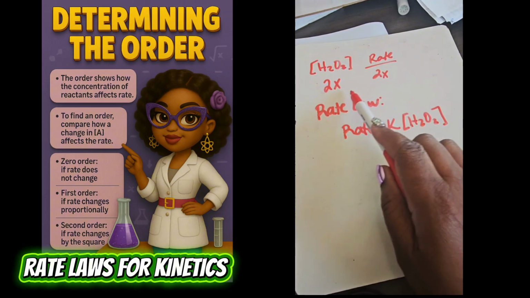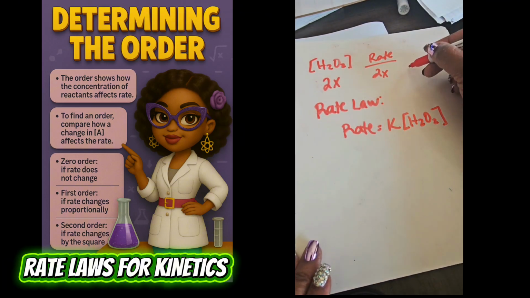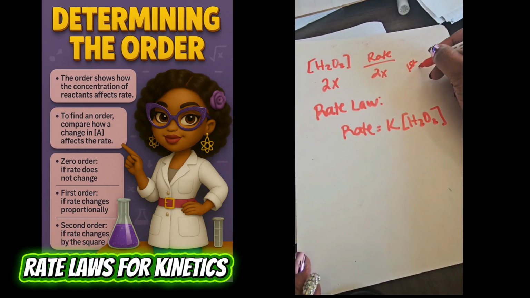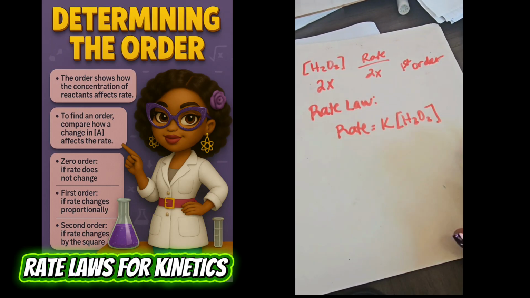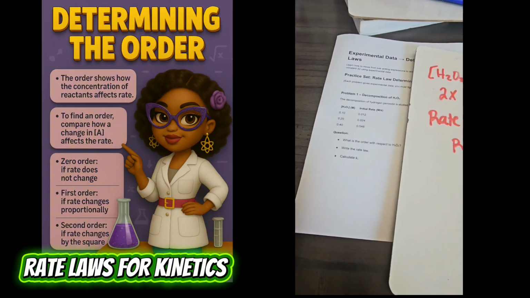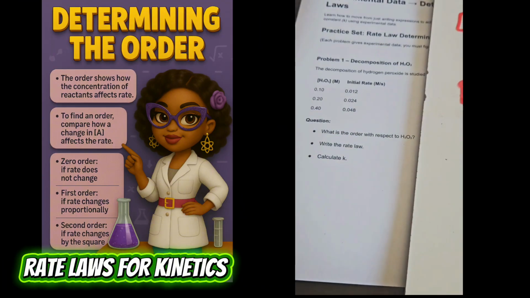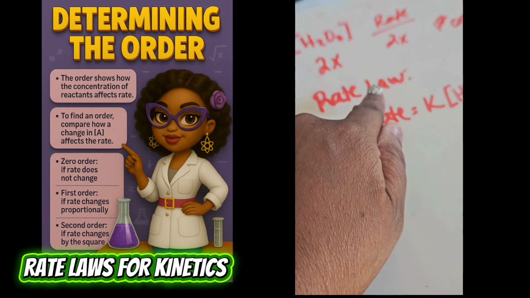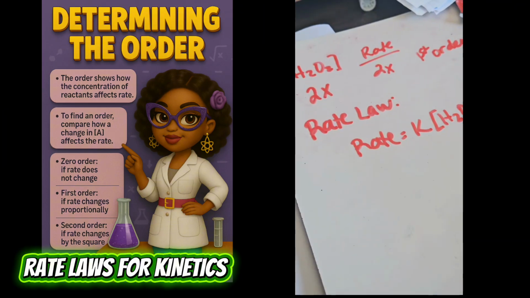Because your concentration doubled and your rate doubled, this would be first order. So back to our question: what is the order with respect to H2O2? It is first order because they both doubled.